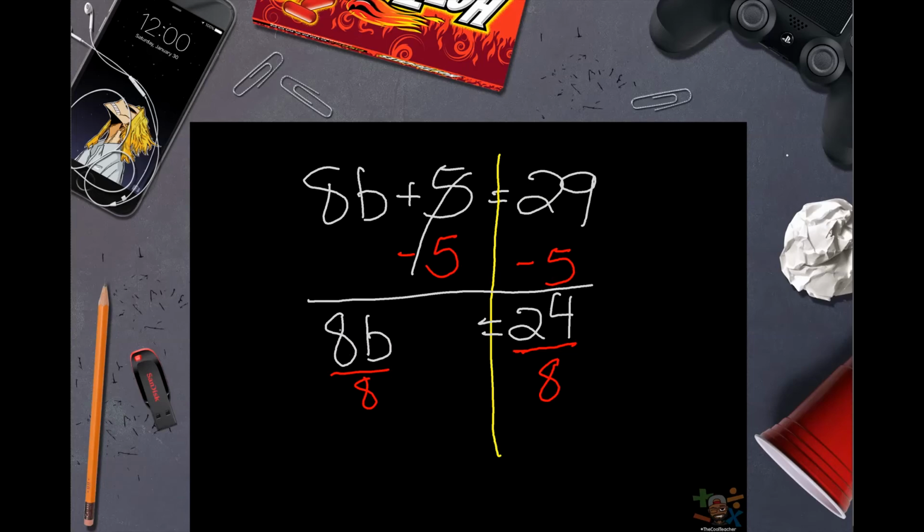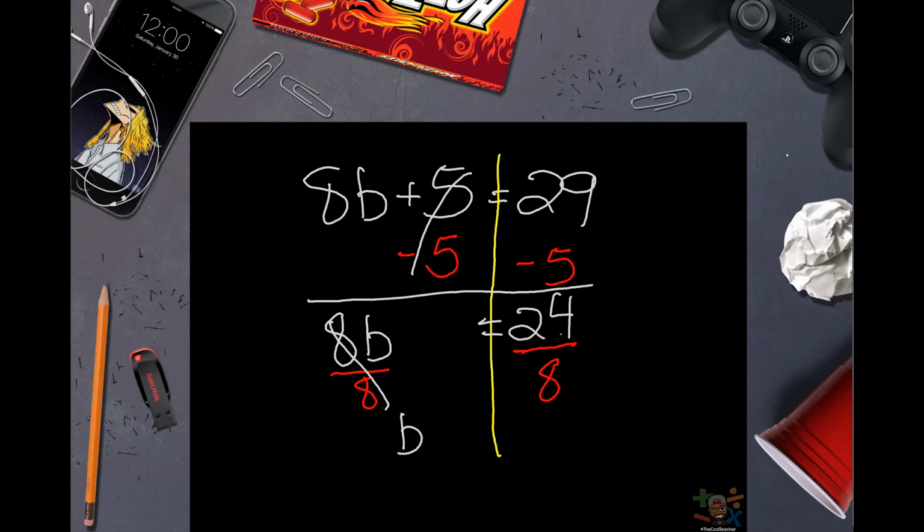So what's going to happen now? 8 divided by 8 is going to give me a 1b. So technically, those numbers cancel out, and they just give me my b. I don't have to put a 1. I just have to drop the variable, which is the b. No need to be redundant and put a 1 there.